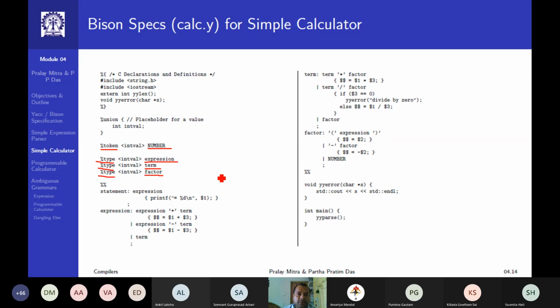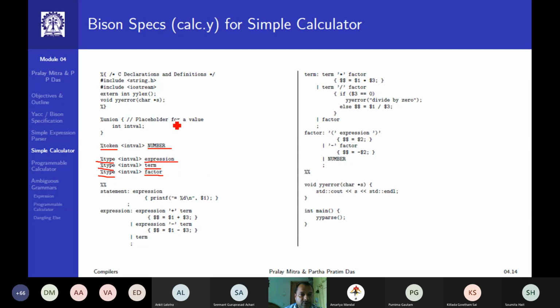Now similar to the flex program, if you remember that we attached corresponding to each token some integer value, and then instead of bearing that name or the pattern as a whole, we were considering the integer values.